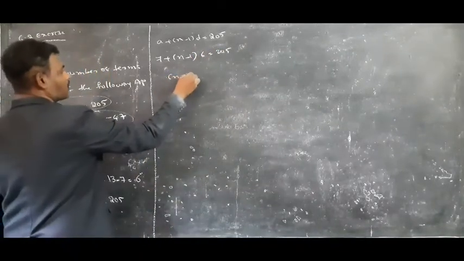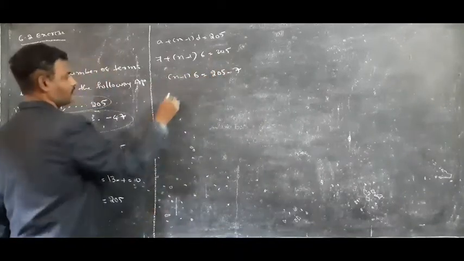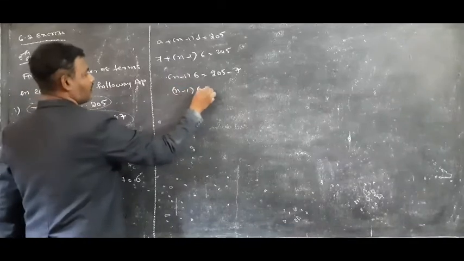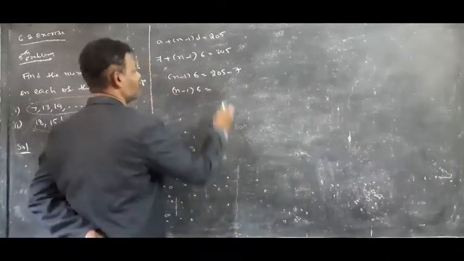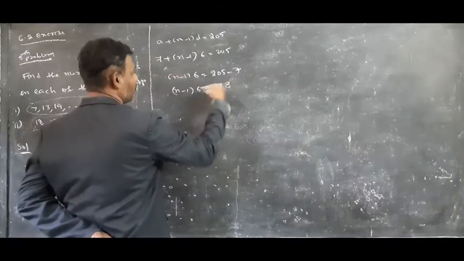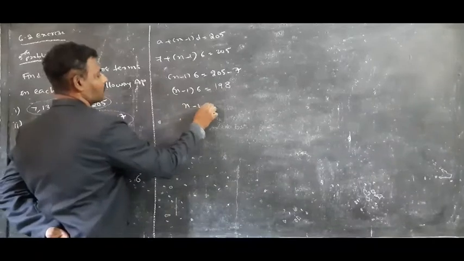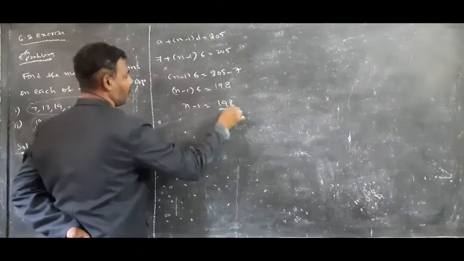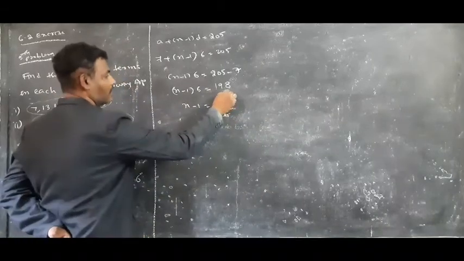So (n - 1) × 6 = 205 - 7. It is nothing but 198. Then n - 1 = 198 / 6. 6 threes are 18, 1 remaining, 18. 6 threes are 18.